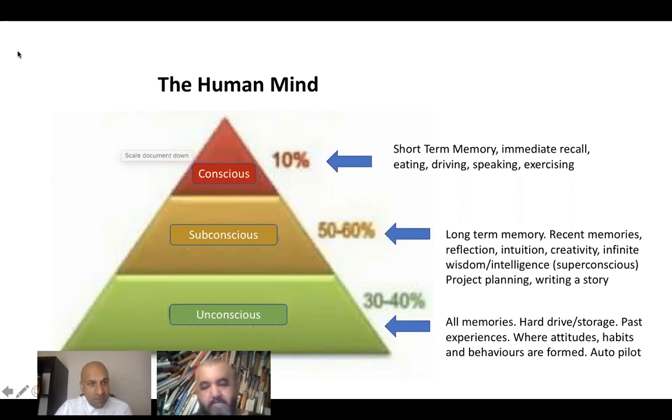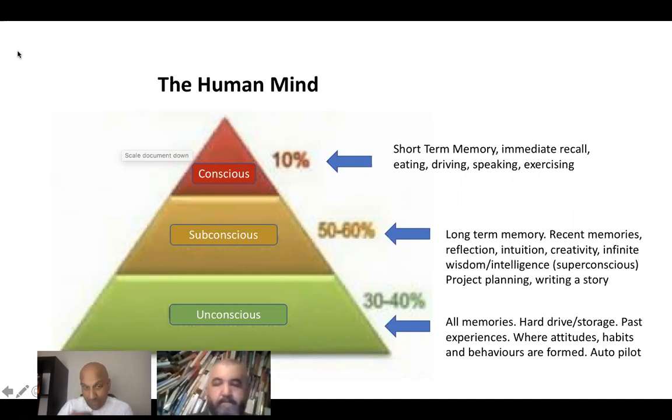With the conscious mind, this essentially is regarded as the short-term memory, and we normally use the conscious mind for immediate recall. Just imagine simple everyday activities where we are highly conscious of doing them, like eating some food, drinking a glass of water, or even driving. I'm very conscious of the fact that I'm speaking to you, Mustafa, and doing a podcast with you.